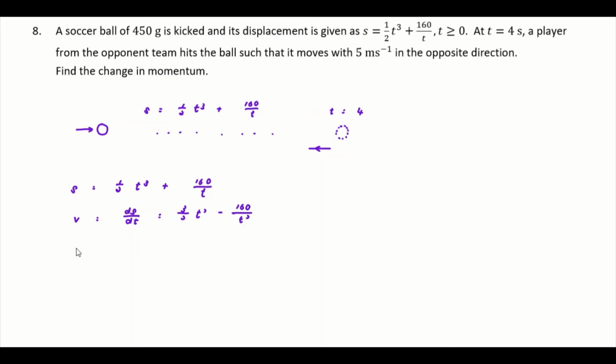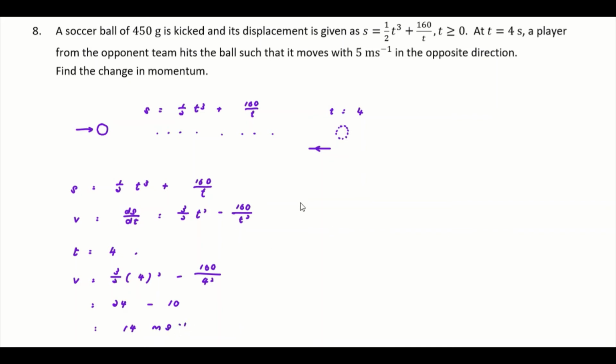After I get this, the time is equal to 4 seconds and we want to find v. So 3 over 2 times 4 squared minus 160 over 4 squared. So we can get 16 over 2, so it's 24. And then minus of 160 over 16, so it is 10. So we can get 14 meter per second.